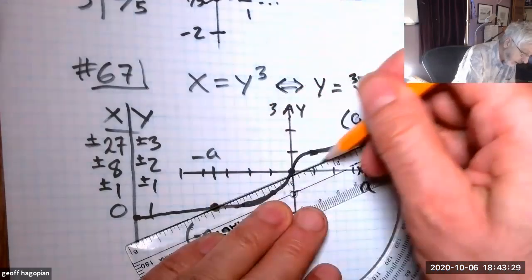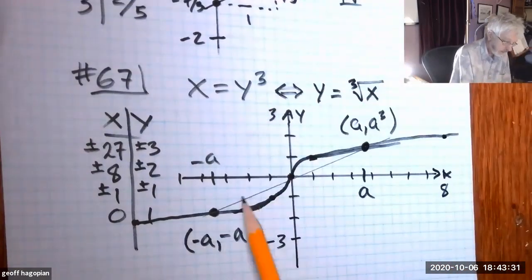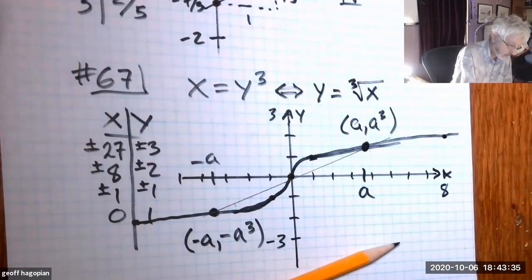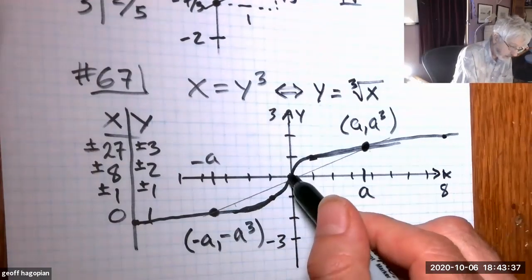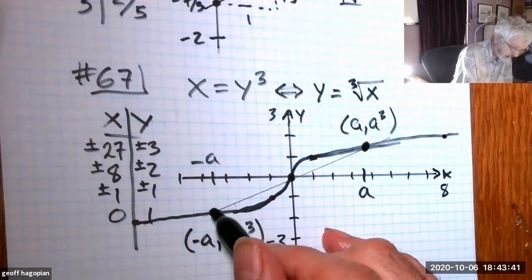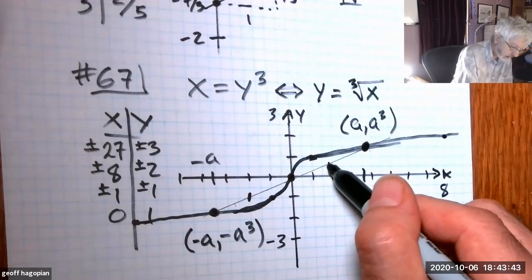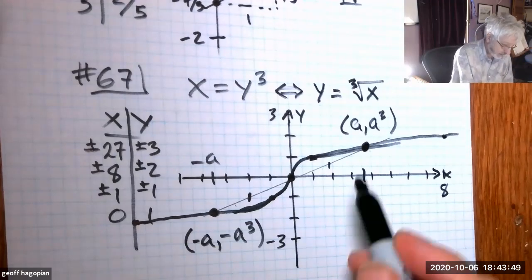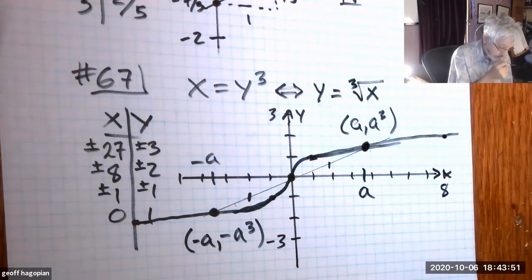This is not part of the graph. I'm just demonstrating this origin symmetry. You take this point and reflect it through the origin: go to the origin and then go the same distance on the other side. These are congruent line segments. That's a special kind of symmetry.